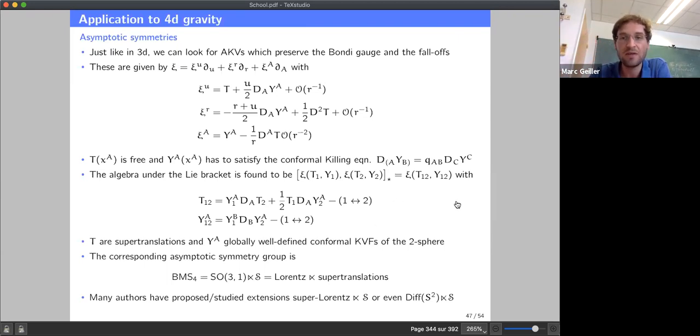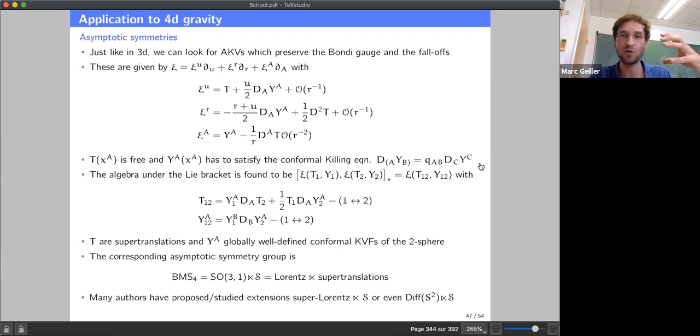This has to do in particular with the angular part of the metric on the 2-sphere. I don't think we will have time to explain the details, but maybe Laurent later on Friday, or Andrew in the next talk, will mention this.